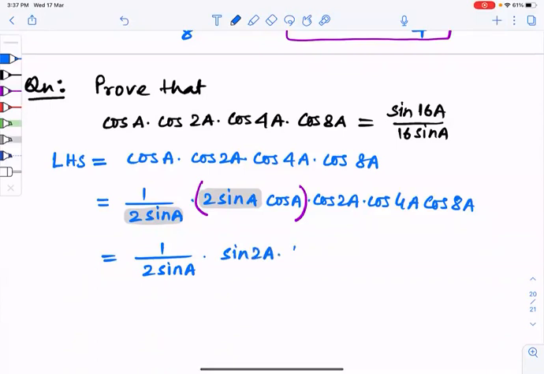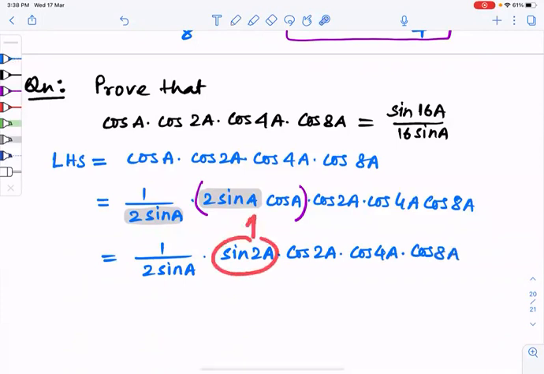And I already have cos 2A, cos 4A, cos 8A. So I have used sine 2A equal to 2 sine A cos A in reverse order. The angle became double. And now we have sine 2A cos 2A, same angle.